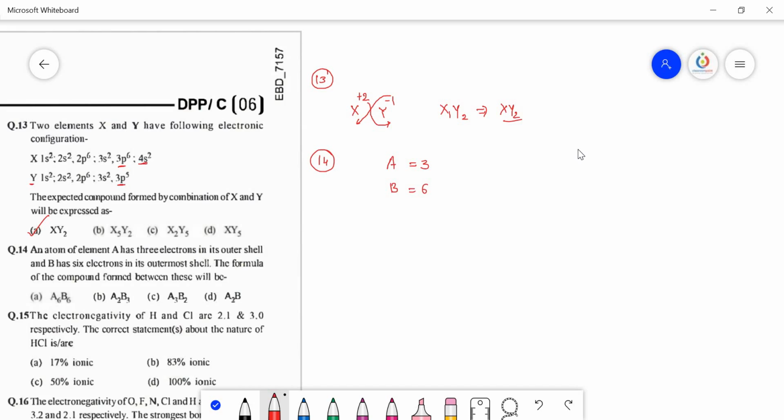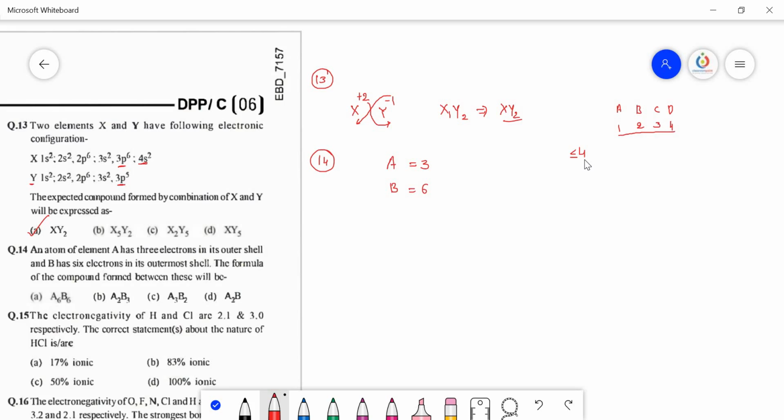Here we must remember that for any element whose valency is less than or equal to 4, the valency can be taken as the given number only. For example, if there are elements A, B, C, D, and A valence is 1, B valence is 2, C valence is 3, D valence is 4, we have to take these values only.